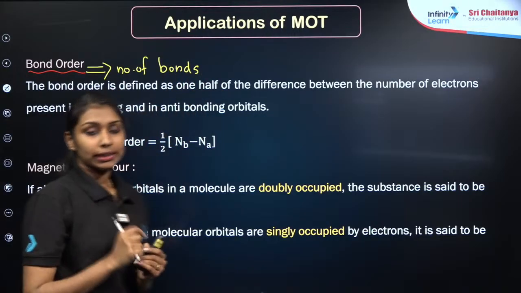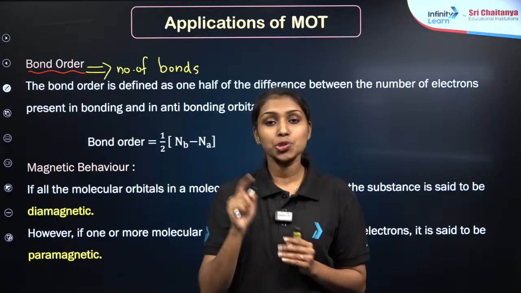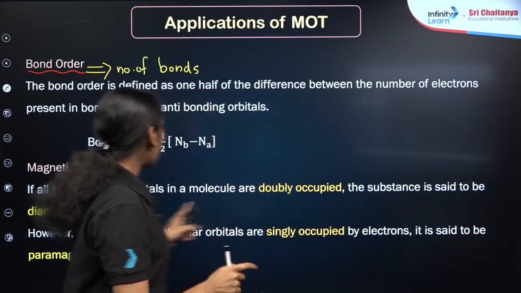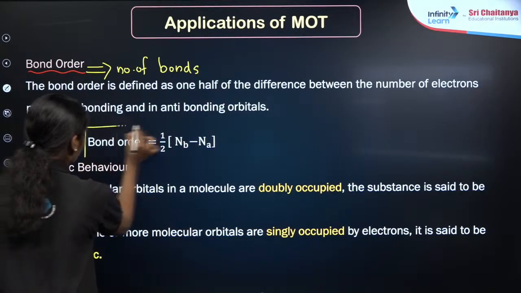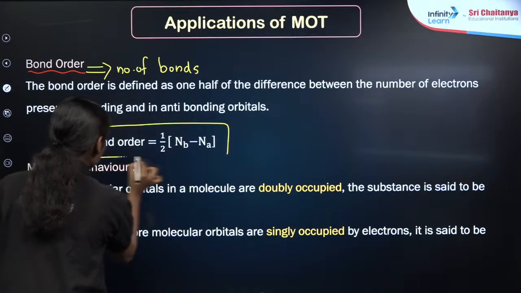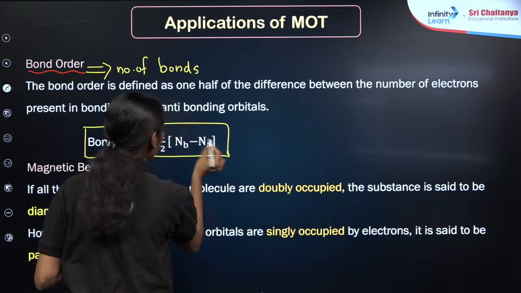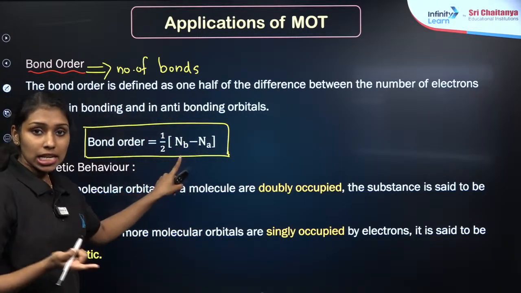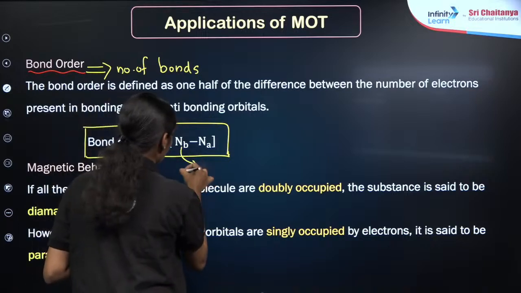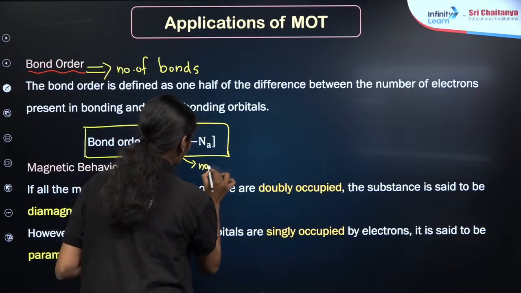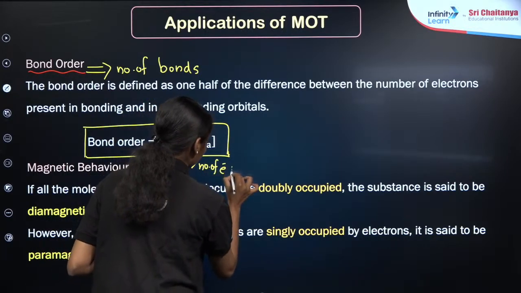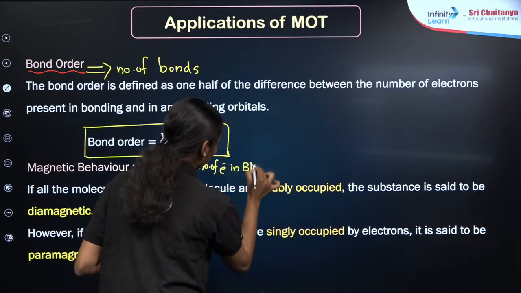According to molecular orbital theory, the formula to calculate the bond order is given as half of the difference between NB and NA, right? This NB stands for the number of electrons in bonding molecular orbitals, that is BMO.